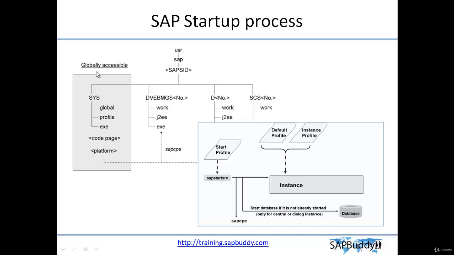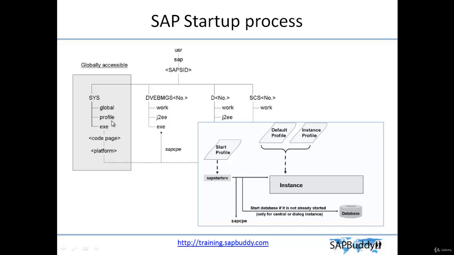Then you have the global directory, which is represented with a subdirectory as sys. That means this specific directory needs to be accessed by all instances. Inside this folder sys, you have different folders. First one is global, which contains all the global data.